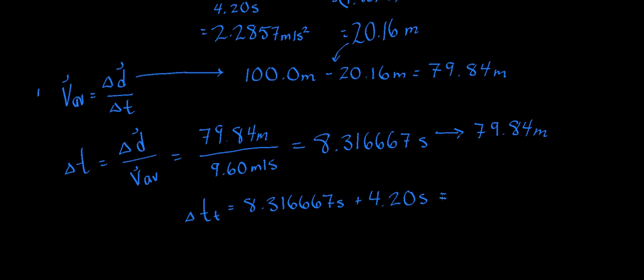So the total time for her to finish the 100-meter dash comes out to 12.516 repeating seconds. So the final answer for part B, if we put it into significant figures, same as part A, is 3. The total time for her to finish her 100-meter dash was 12.5 seconds.